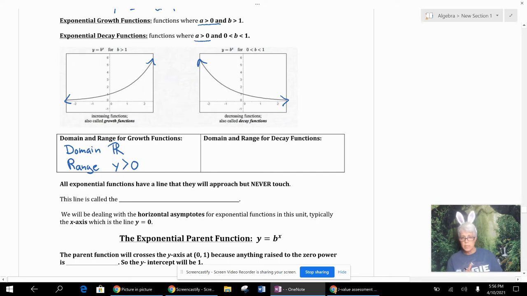Now notice I didn't say it's going to be equal to it. It's always going to be greater than 0, but it'll never actually be 0. For decay, it's the same thing. The domain is all real numbers, and the range, y is greater than 0.